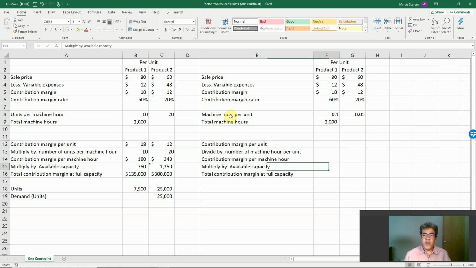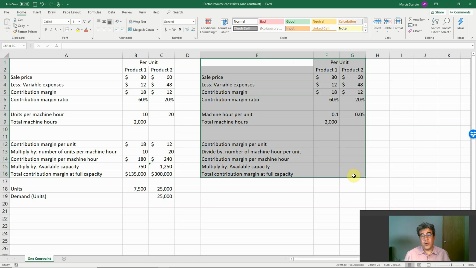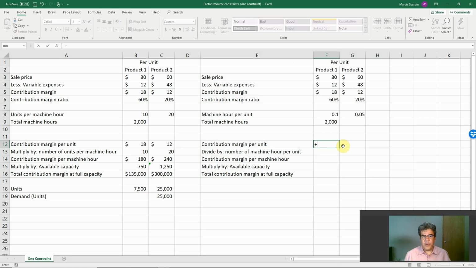Okay? What is the difference in this second example? If we are able to produce 10 units per hour, we need 0.1 hour per unit for product 1, and 0.05 hours per unit for product number 2. This is the most usual one, especially if we have more than one constraint. And our math is the same. Contribution margin per unit 18, contribution margin per unit 12, number of machine hours per unit 0.1, 0.05.